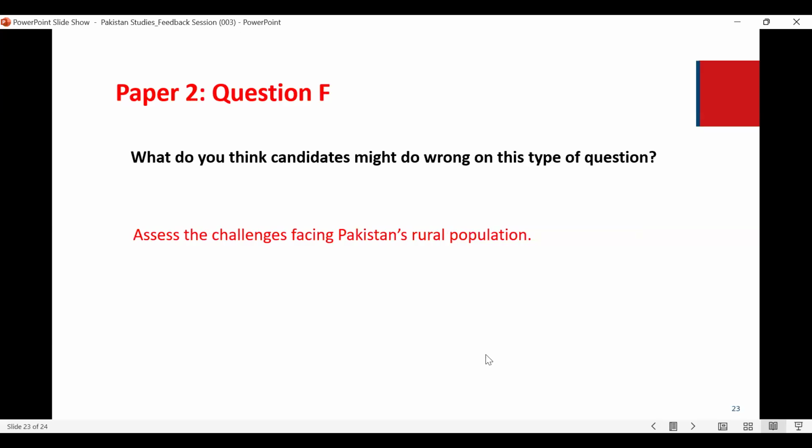Question F. What do you think candidates might do wrong on this type of question? So I'll let you have a think about that. You've got your mark scheme, hopefully, and you can perhaps have a think about what you think they might do wrong.